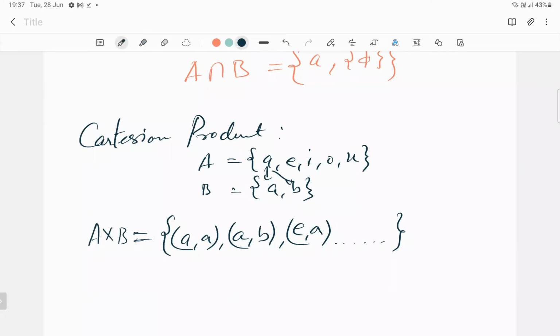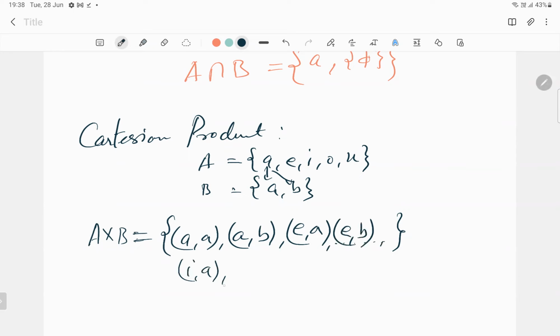So the Cartesian product, how will you write it? Like this only. A is multiplied by A. The first element will be an element from A, then what will be next? EB, right? What will be the next?